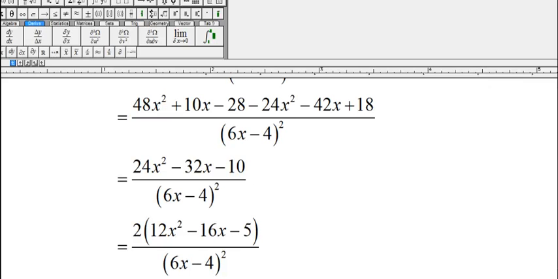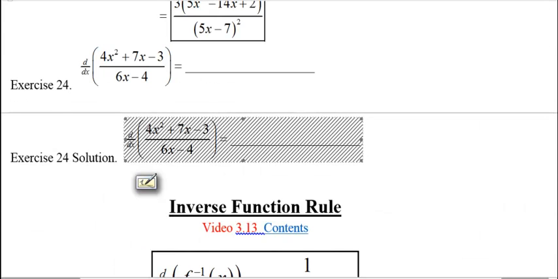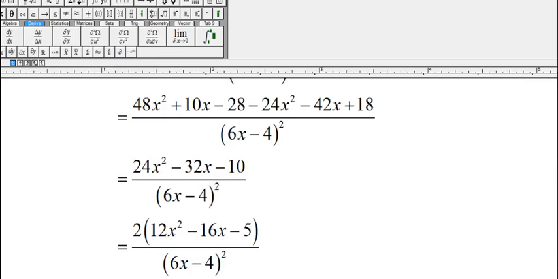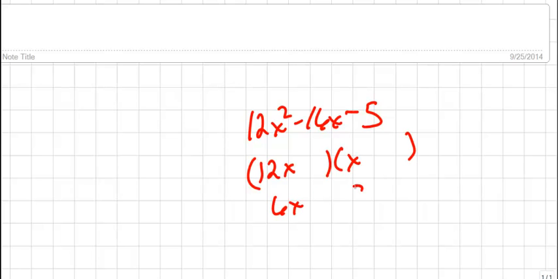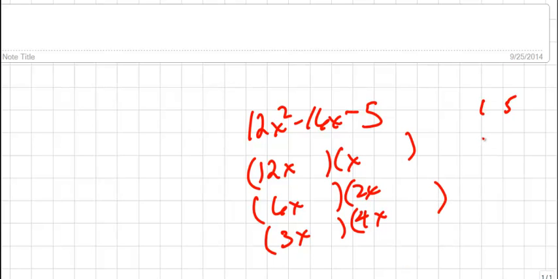Let's see what we could do. 12x squared minus 16x minus 5, wasn't it? Yeah. So to get the FOIL to work, it's 12x and 1x, or 6x and 2x, or 3x and 4x that are the possibilities, and then you get 1 and 5, one plus, one minus.